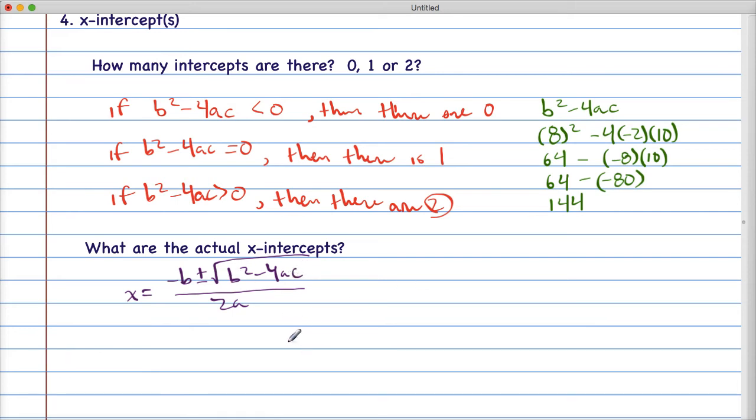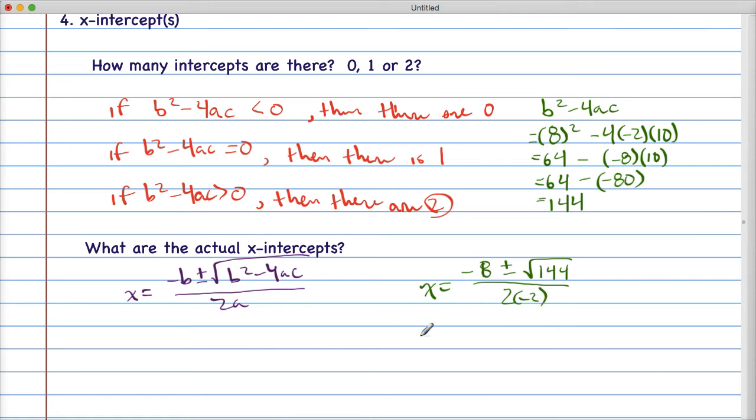So for this equation, x equals the opposite of b, so the opposite of 8, plus or minus, right? That plus or minus is how I'm going to determine my 2 x-intercepts. Plus or minus the square root of 144, right? I've already determined what b squared minus 4ac is. It's 144, so that's what I can just plug in underneath the radical, all over 2 times a, which in this case is -2.